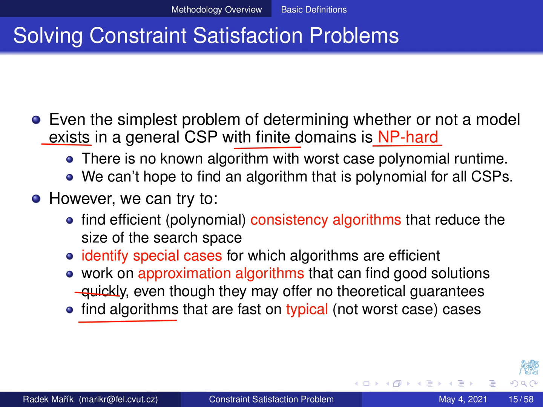A majority of algorithms work very fast on typical cases, that means not worst cases. From the mathematical point of view, a mathematician can find the worst case in which basically these algorithms don't work.